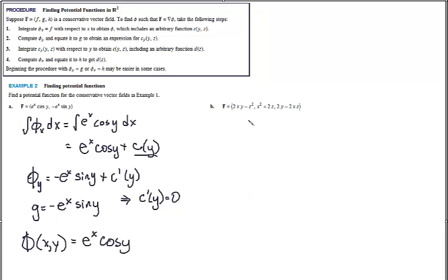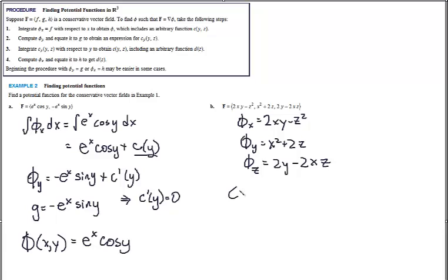Alright, for this next part, I see that phi sub x is 2xy minus z squared. Phi sub y is x squared plus 2z, and phi sub z is 2y minus 2xz. For our integral, phi is going to be equal to the integral of this 2xy minus z squared.